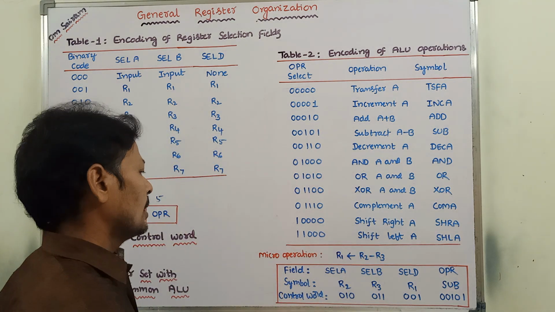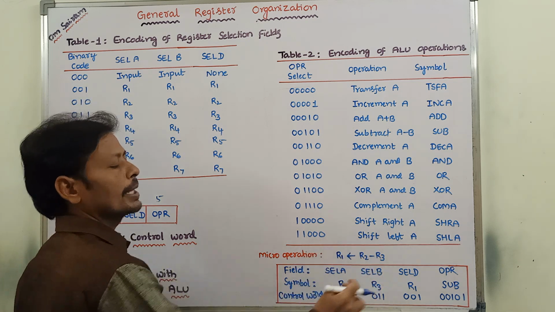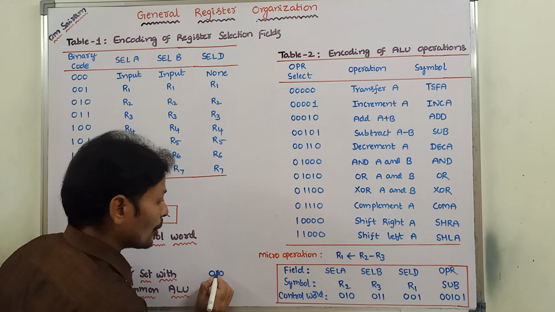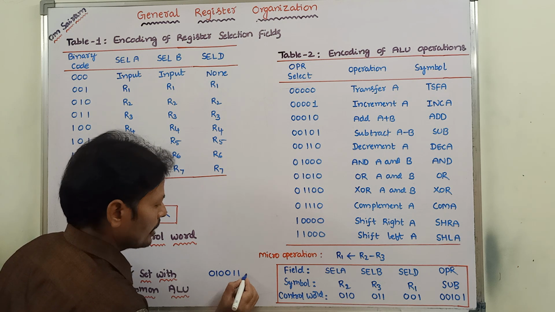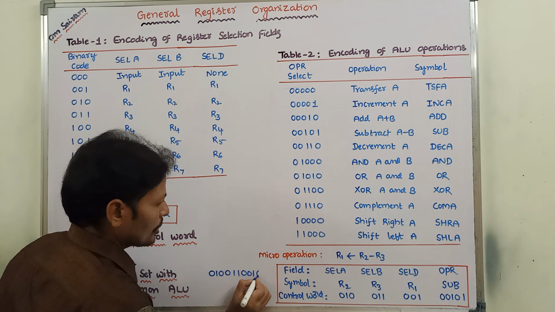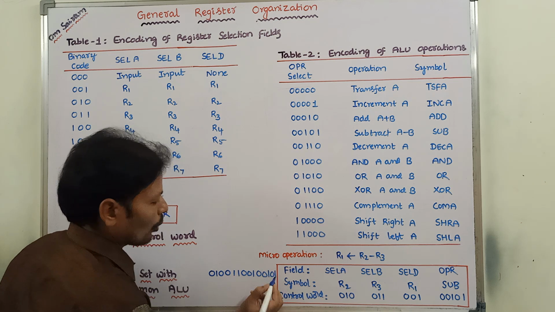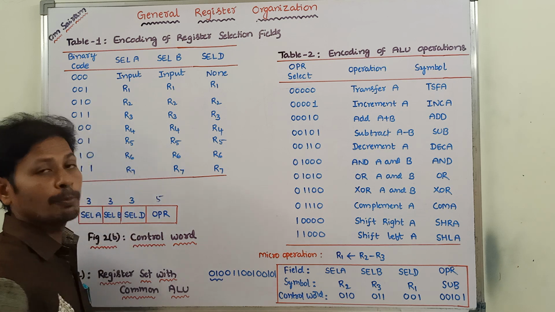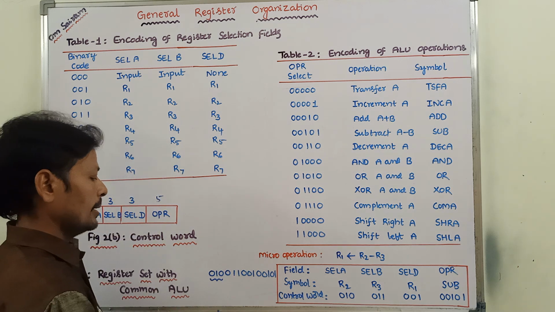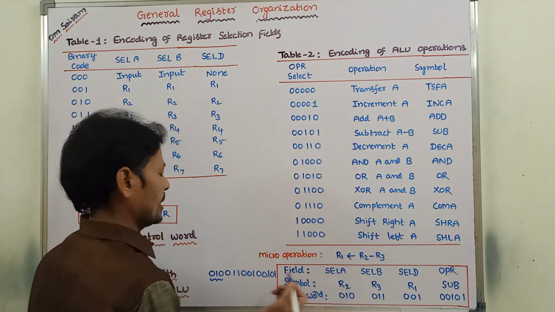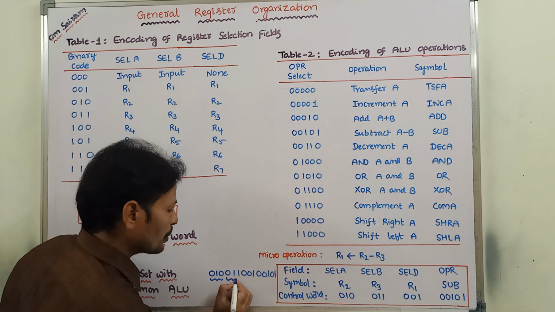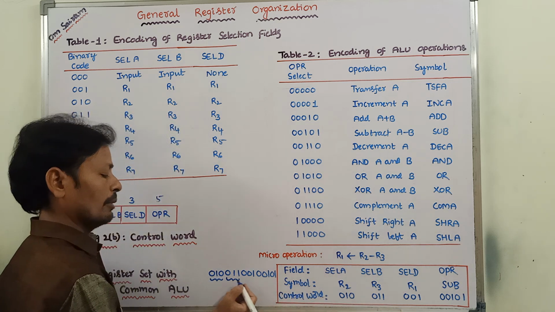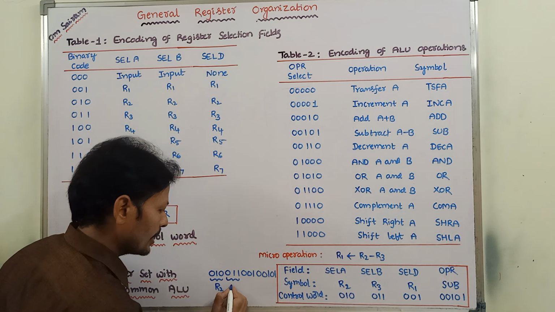So the control word for performing this subtraction micro operation is 010, 011, 001, 00101. These first 3 bits represent the source register, that is the R2 register. Next 3 bits represent the other register, that is R3, that is 011. This is R2, this is R3.